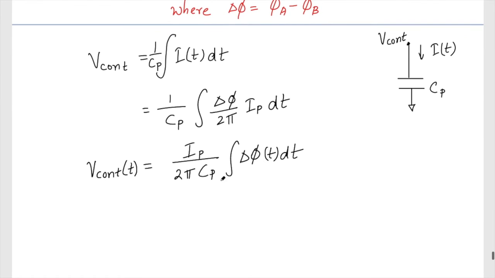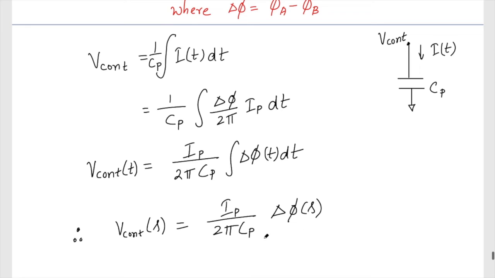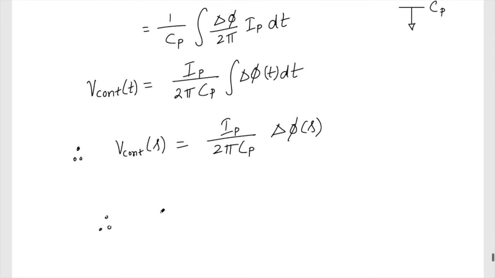So now we have this expression. Therefore the S domain version of this one, if I convert this V control into its Laplace transform, becomes IP by 2 pi CP, and this is delta phi of S. Sorry, here there will be delta phi by S because of this integral.